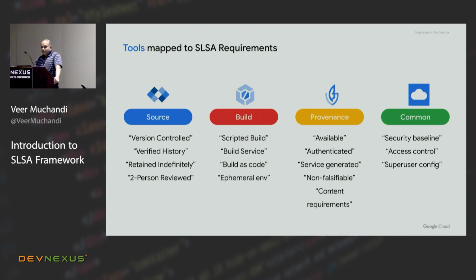Provenance, availability of provenance, authentication of the provenance because you have attestations, it is service generated, non-falsifiable, and content requirements are met. In addition to all this, secure baseline, access control, and super user configuration are all handled by the common platform provided by Google Cloud.